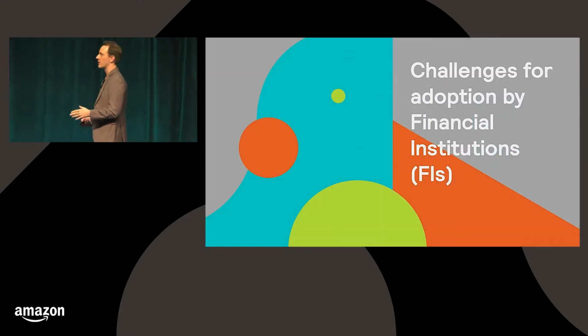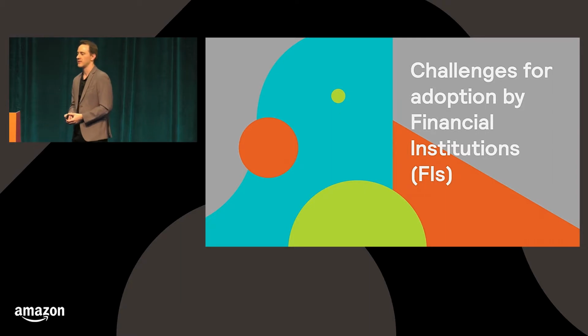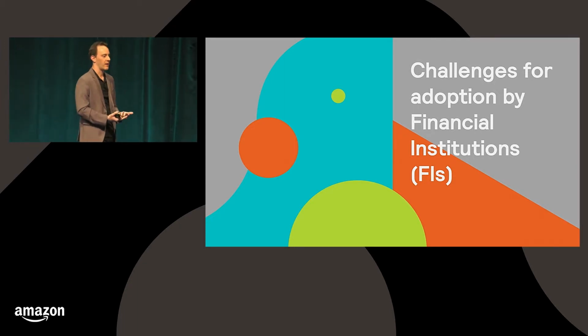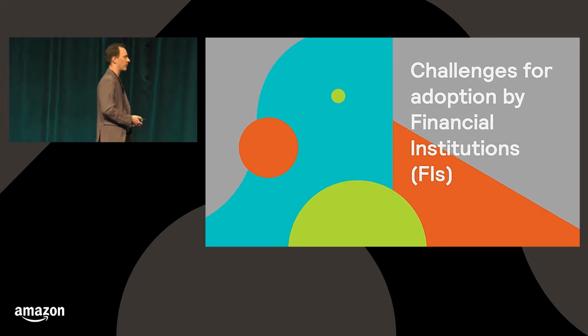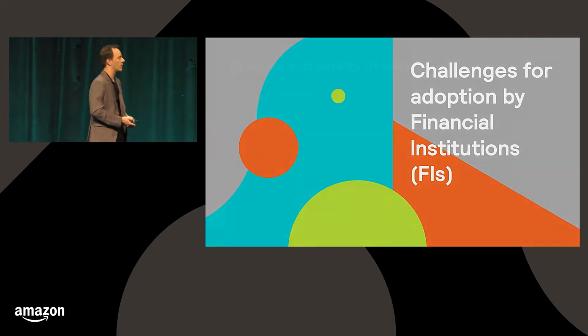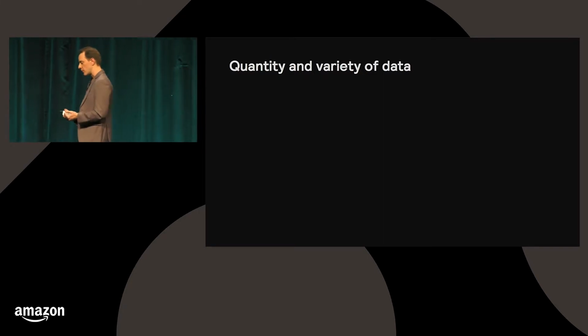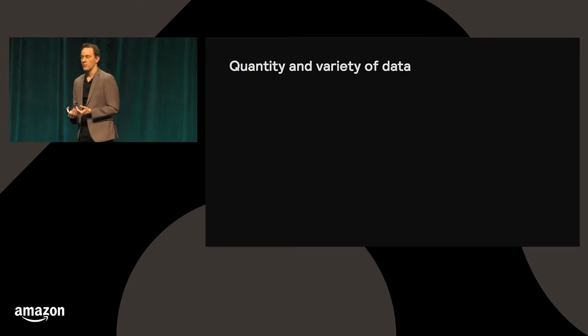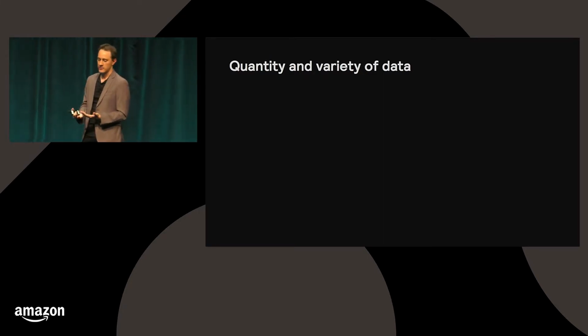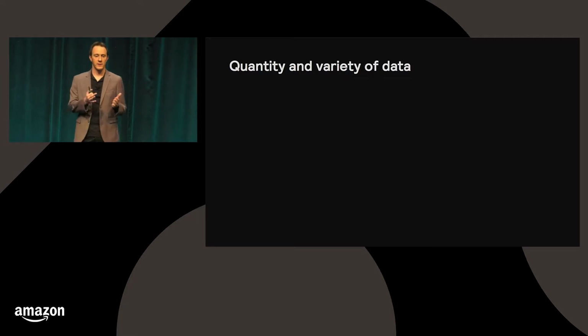So let's dive deeper into the challenges that financial institutions see in using machine learning and advanced analytics for this specific purpose of anti-money laundering and financial crime. First of all, financial institutions will keep facing challenges that will erode the effectiveness and efficiency of their AML policies.